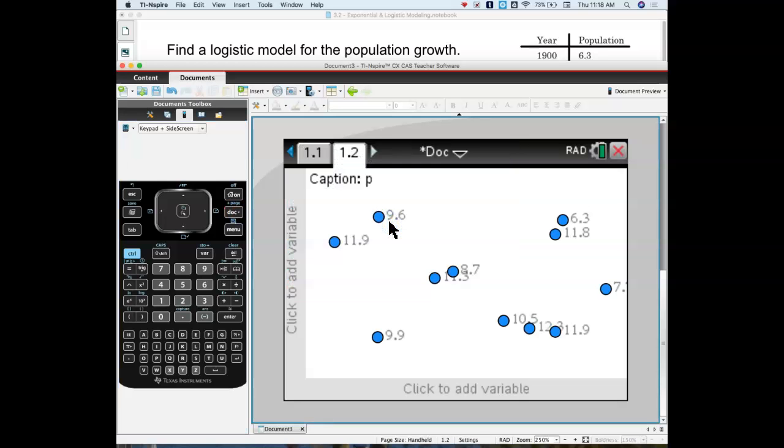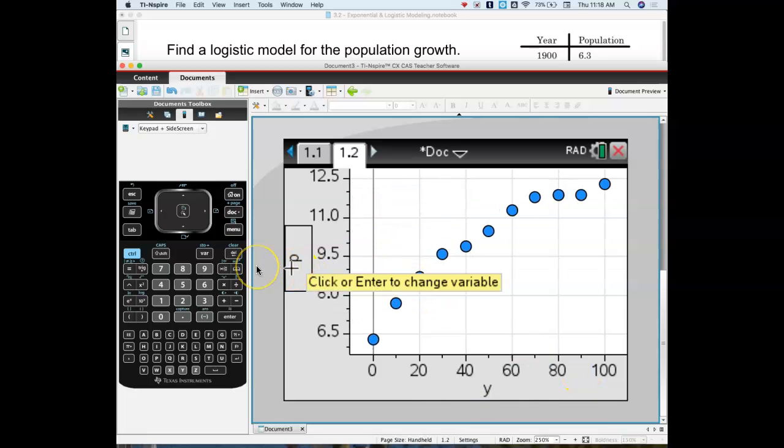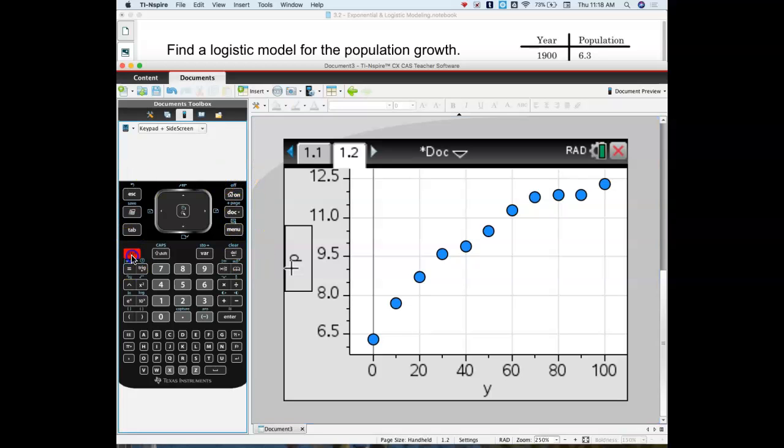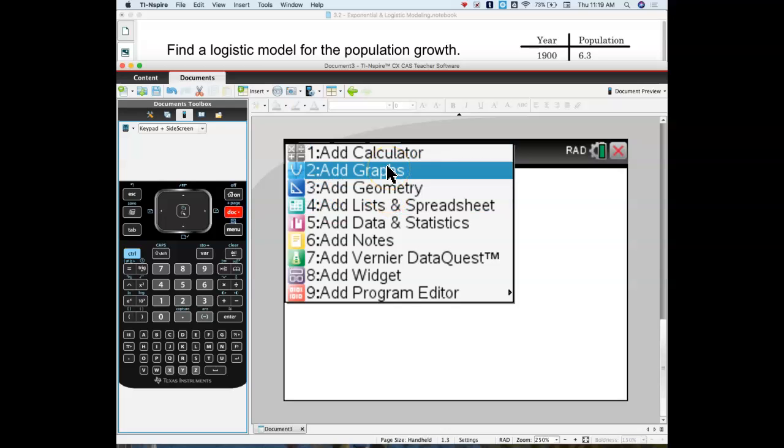That's fine, that's great. You can put your P over here and your Y over here, but the downfall is that I can't put a function over the top of it. So what I'm going to teach you today is another way to do a scatter plot on your calculator. We're going to start a brand new page, but this page is going to be a graph.